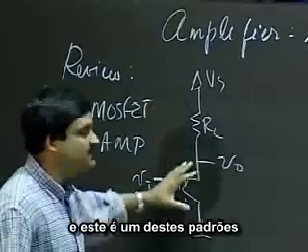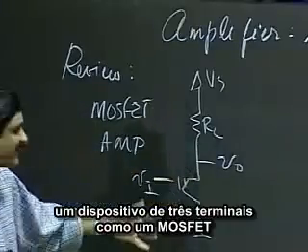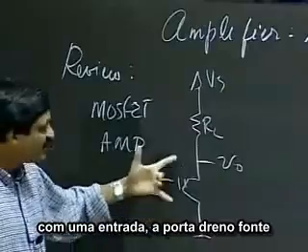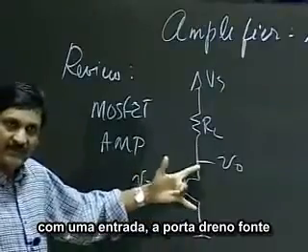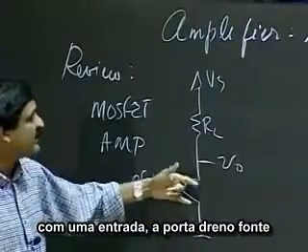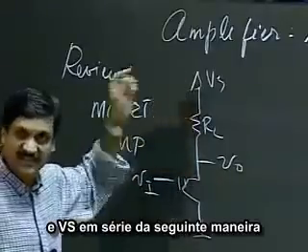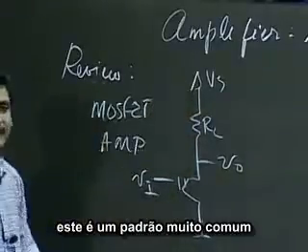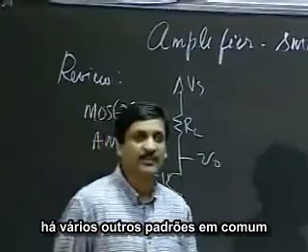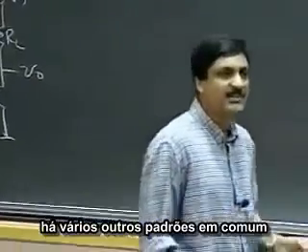Okay? And this is one such pattern. A three-terminal device like the MOSFET with an input and the drain-to-source port connected to RL and VS in series in the following manner. This is a very common pattern. There are several other common patterns.